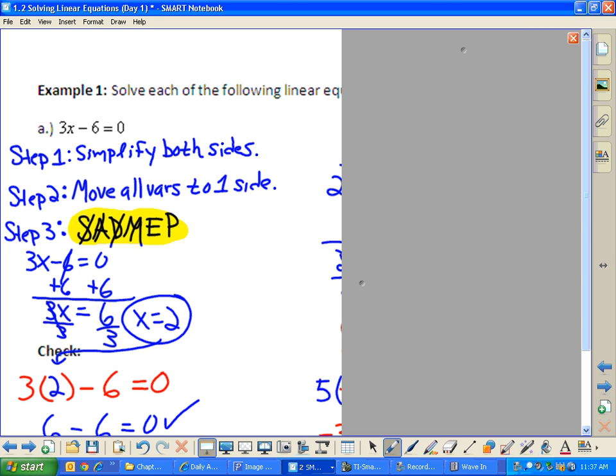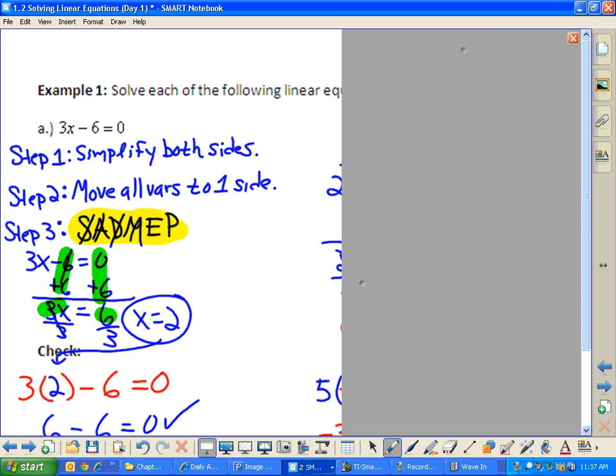I undid the subtraction, once again, by adding 6 onto both sides. So the subtraction right here, I added 6 to both sides. And then you always want to balance the equation. So we balance the left side of the equal sign, and then we balance the right side of the equal sign. So on the left side, we have 3x, and then 0 plus 6 is 6.